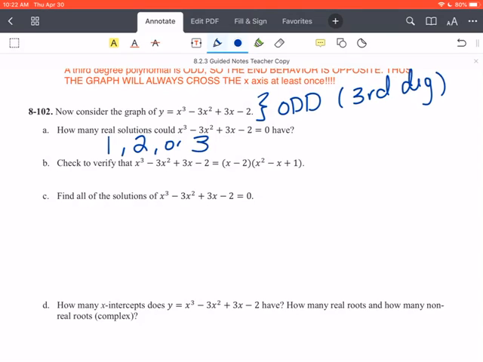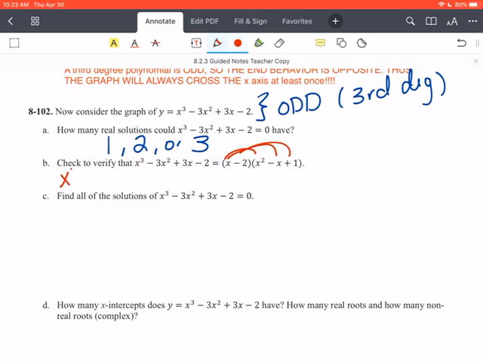Okay, now check to verify that x cubed minus 3x squared plus 3x minus 2 is indeed this factored form. Well, we don't know how to necessarily factor cubics when we have a constant at the end. So if I'm going to be verifying, then the only approach I have is double distributing. So what do I get?